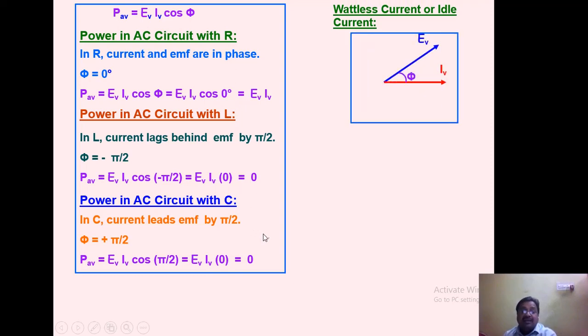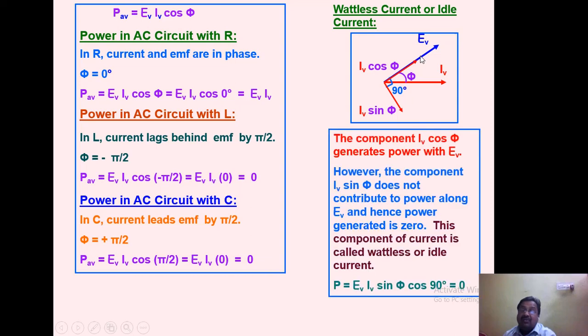And in this connection, let us go through what is called wattless current, or idle current. Here we see, if phi is the phase angle between the virtual value of EMF and current, then in the vector diagram, IV will have two components, IV sin phi and IV cos phi. The component IV cos phi is there in the expression for power.